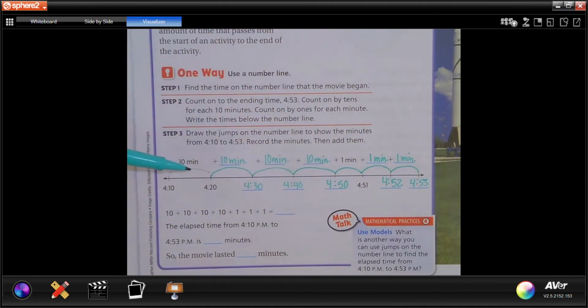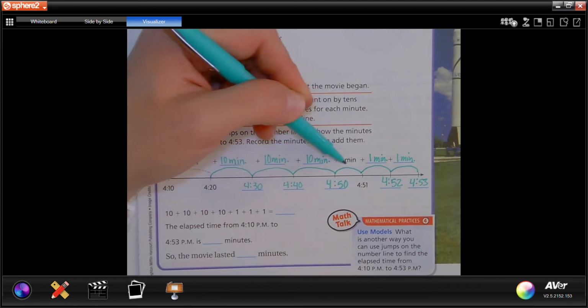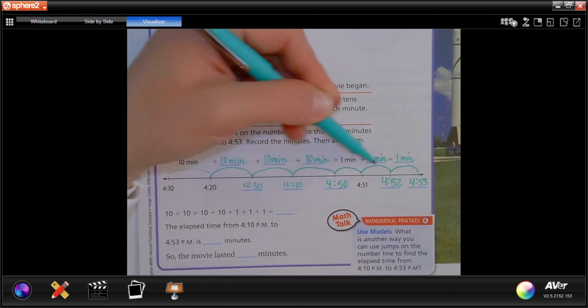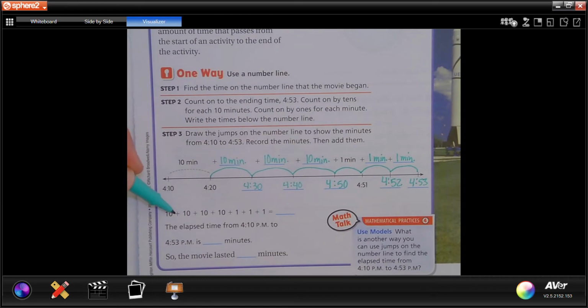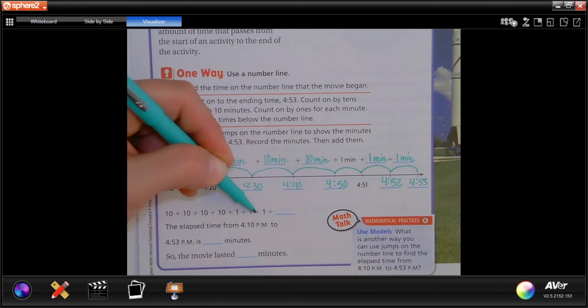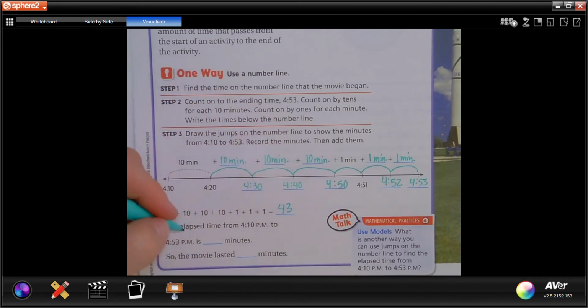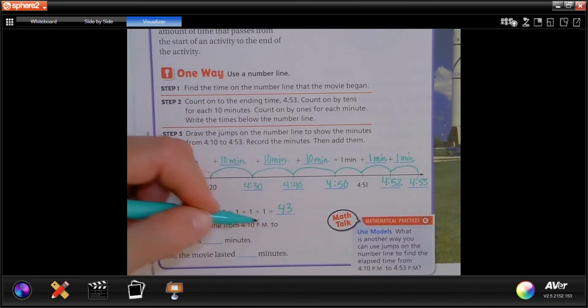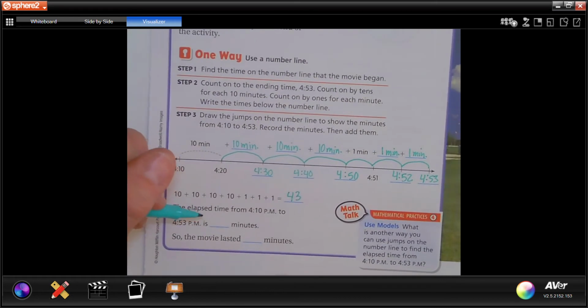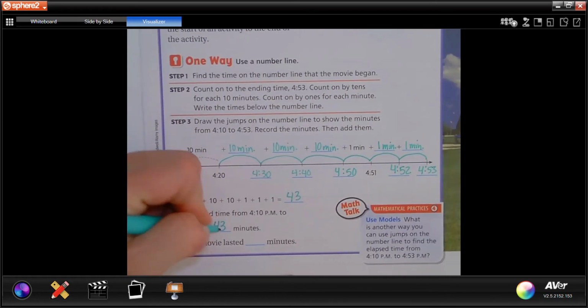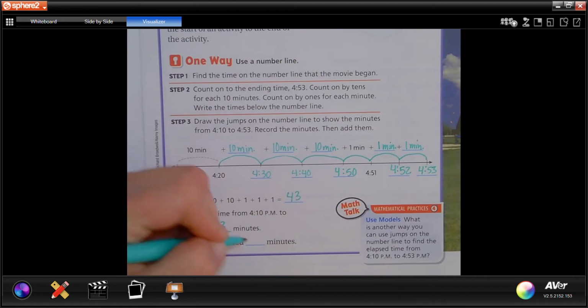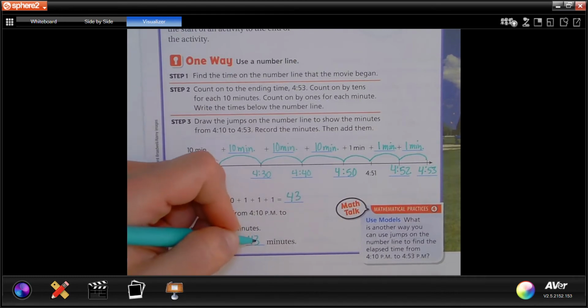All right, so 10, 10, 10, 10, 1, 1, and 1. 10, 20, 30, 40, 1, 2, and 3. 43. The elapsed time from 4:10 p.m. to 4:53 p.m. is 43 minutes. So the movie lasted 43 minutes.